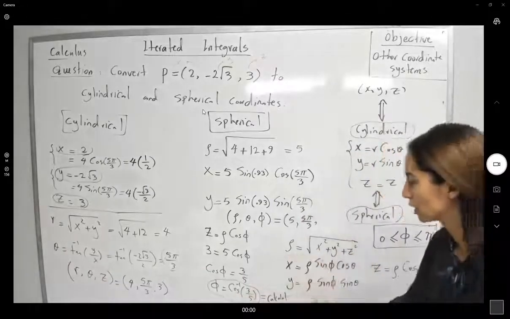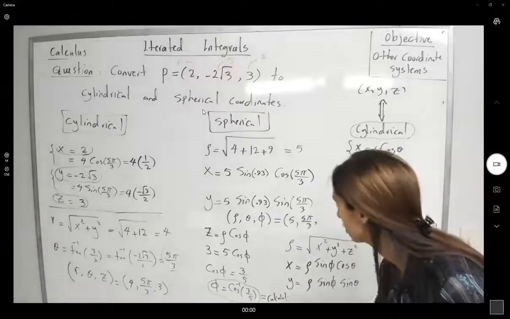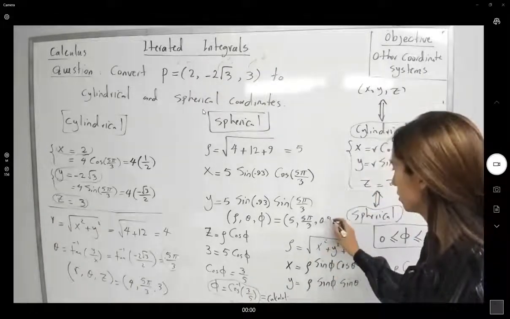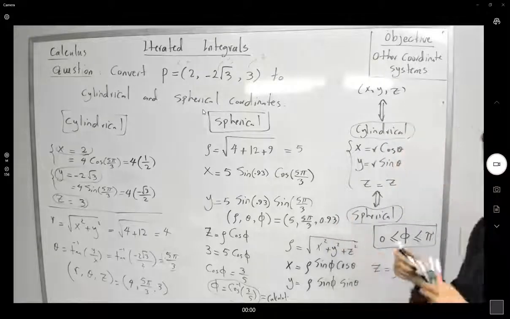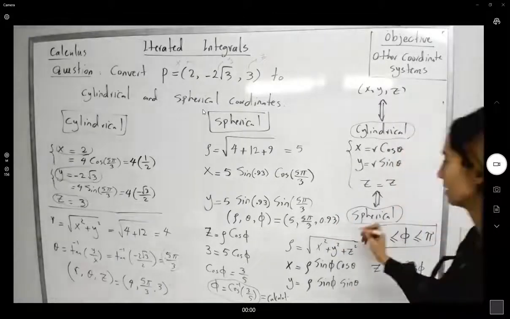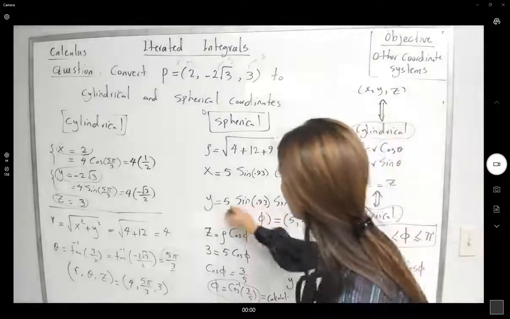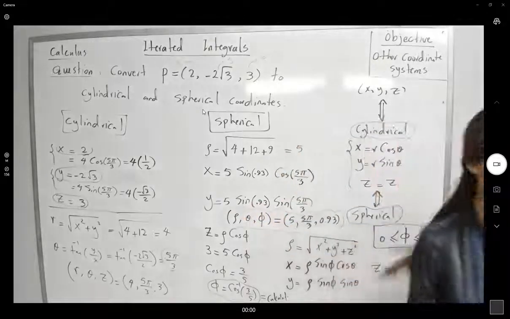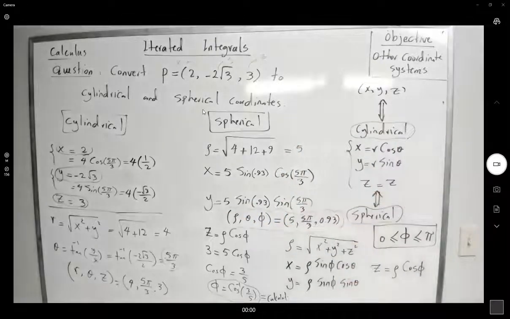But if you do the calculation, you get 0.93. So you can write down 0.93. This is your point in spherical coordinates. Very well. Give us an example.